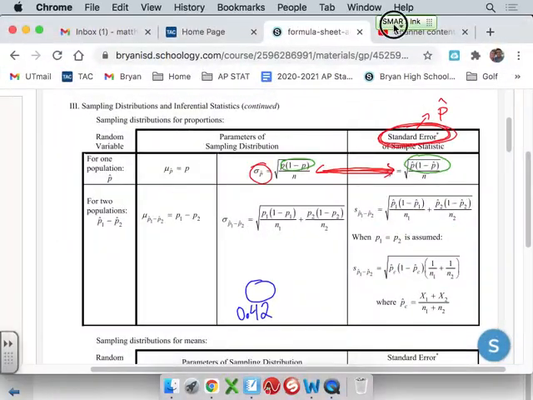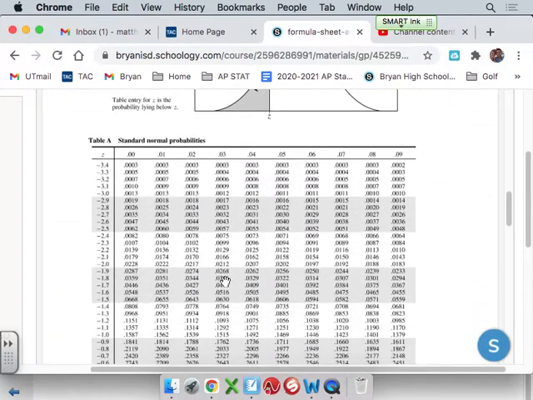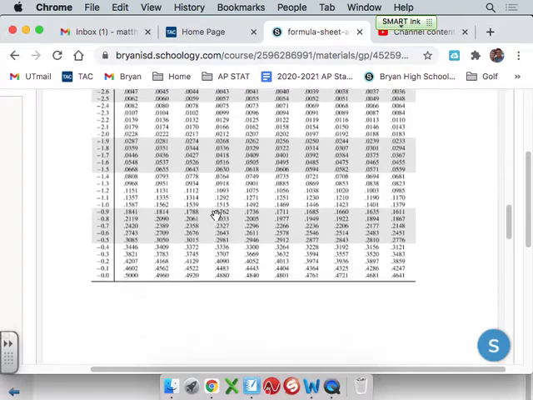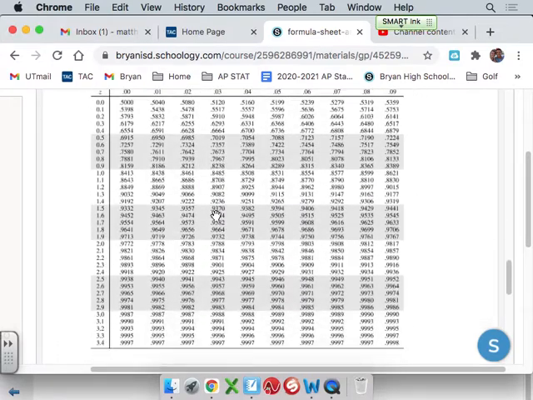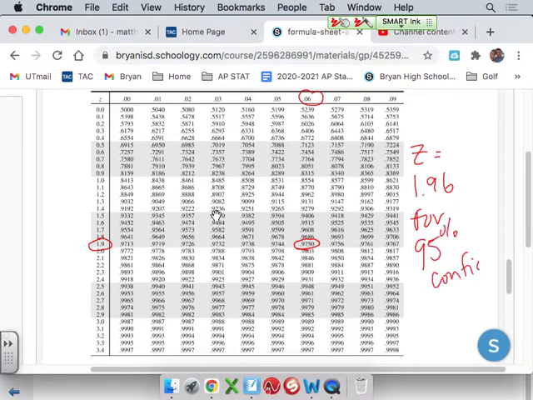I'm going to go to my z chart and look up in the middle values the closest value to 0.9750. I don't see it. It's a positive number, so let me look for it here. It's actually a perfect number, 0.9750, which is at 1.96. So z equals 1.96 for a 95% confidence.